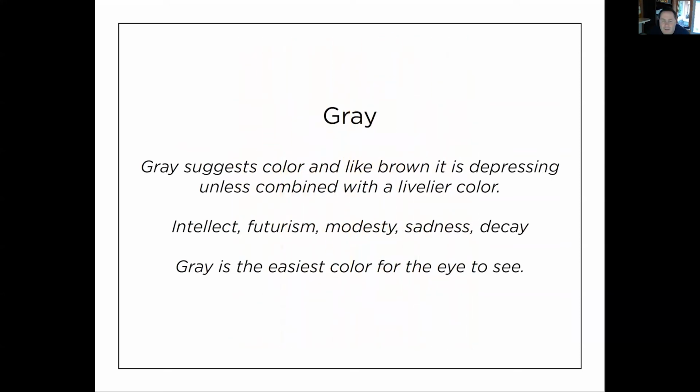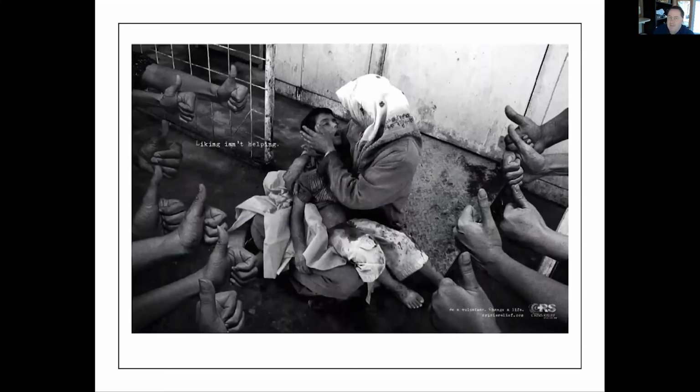Gray suggests a color, and light brown is depressing unless combined with a livelier color. Intellect, futurism, modesty, sadness, decay. Gray is the easiest color for the eye to see. Gray can produce a lot of elements. So here, there's no mistake in this particular ad why it went to gray or black and white, because what it's doing there is producing an emotional response.